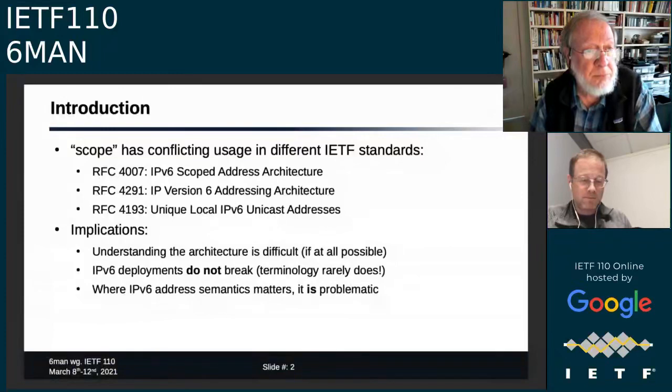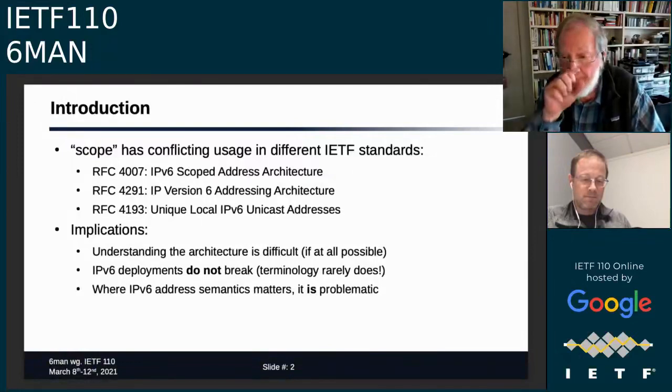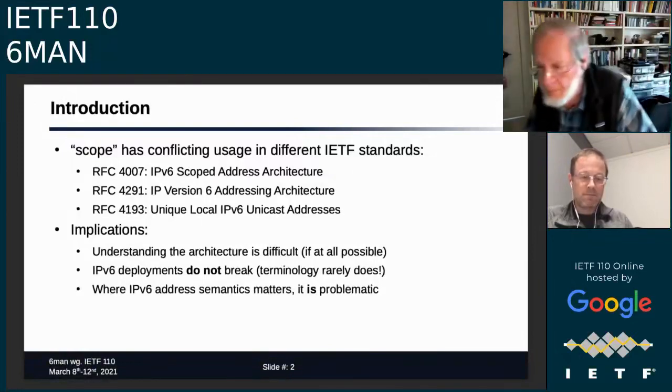And then I found that there were conflicting uses of the definition of scope. So I said, okay, well, it's not nice that if I wanted to refer these folks to the actual architecture and specifications, they find stuff that is conflicting. So that's how I ended up raising this topic in 6man.